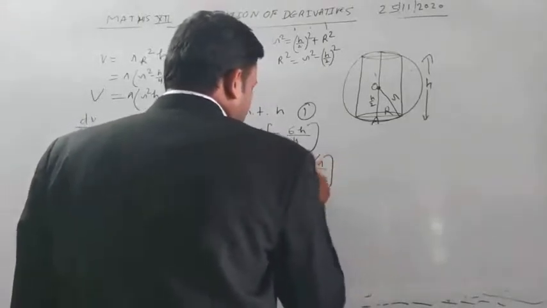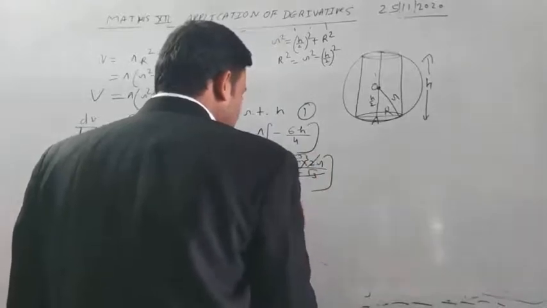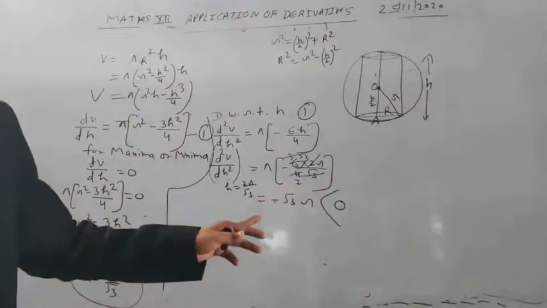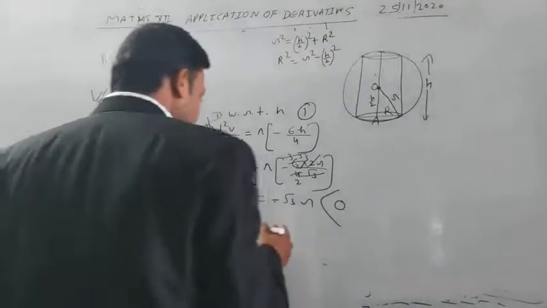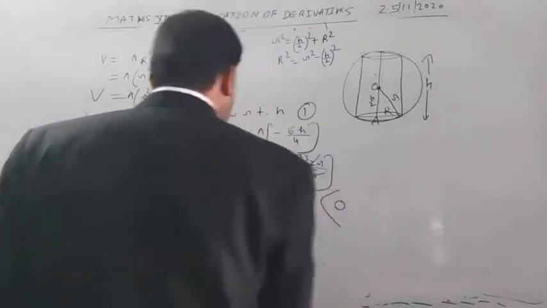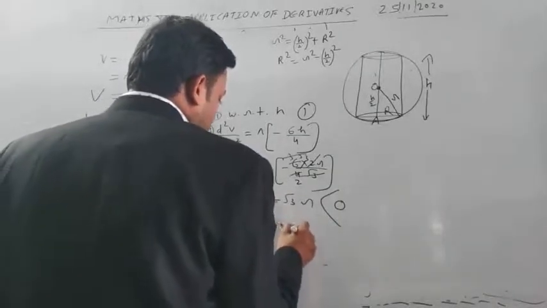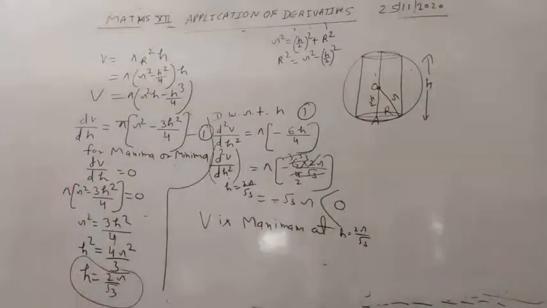So we get minus root 3 pi r, which is less than 0. So V is maximum at h equal to 2r by root 3.